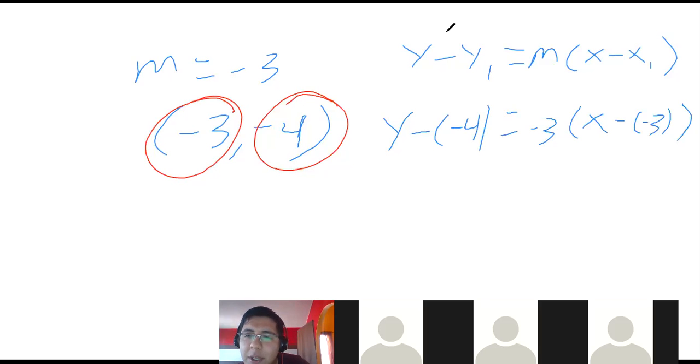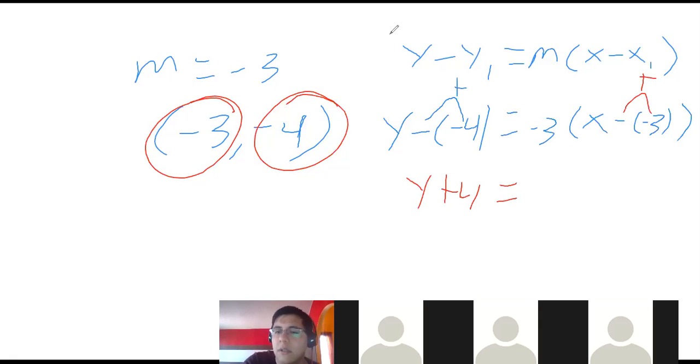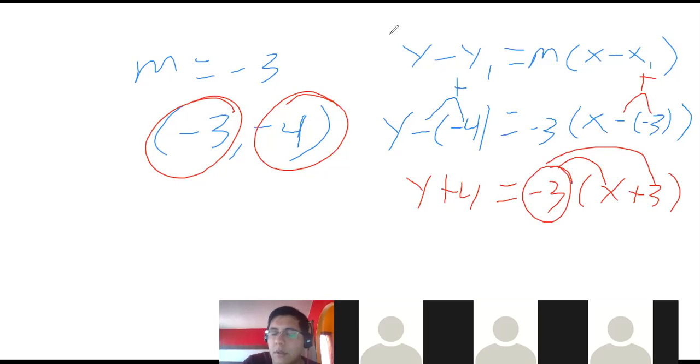So it should be x minus -3, and on the other side we have y minus -4. Let's solve this. Remember, this becomes a positive, this becomes a positive, so that should be y plus 4 equals -3 times x plus 3. We distribute that -3, so it should be -3x, and -3 times 3 is -9.